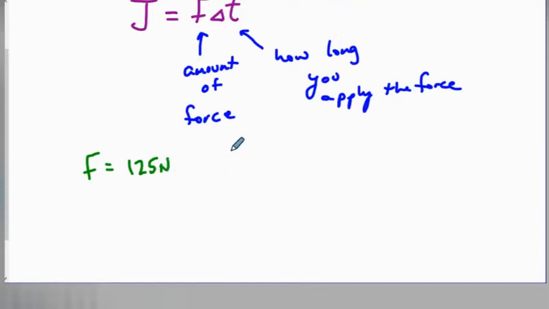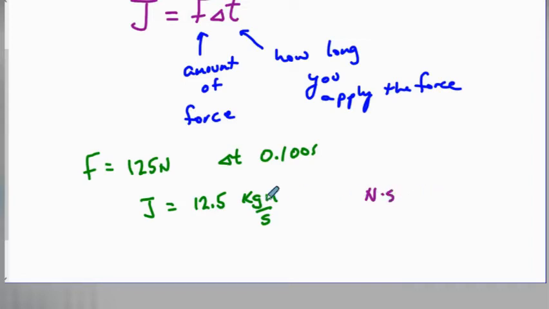And if we did this for, let's say, 0.1 seconds, we would simply multiply those together and we would see that we had an impulse equal to 12.5 kilogram meters per second.